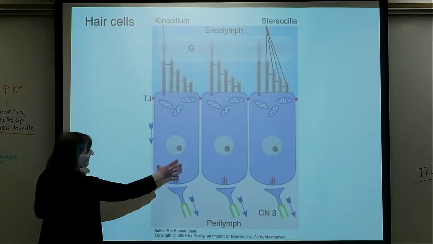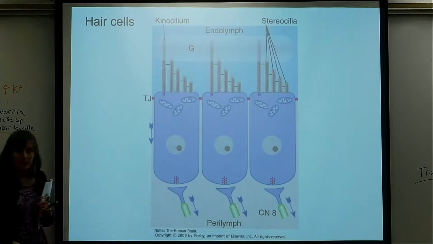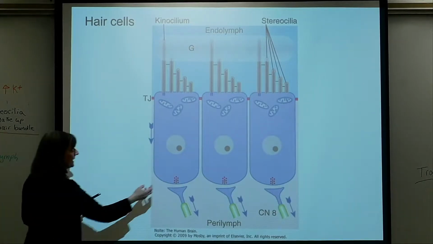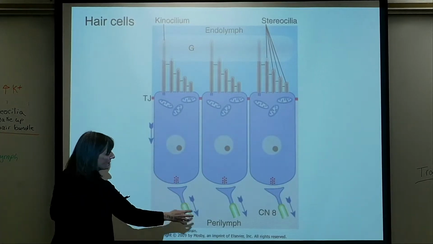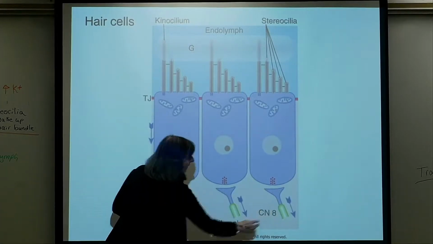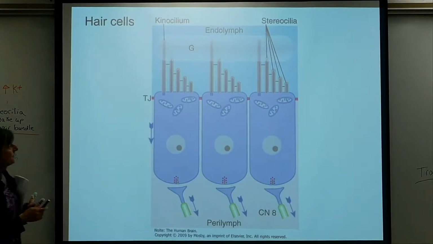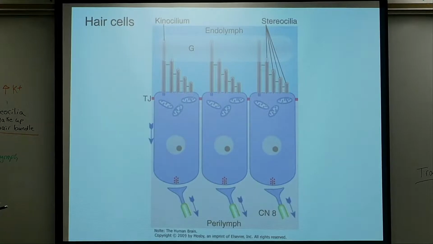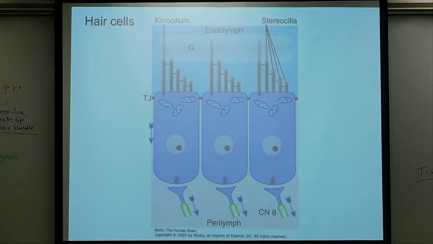And then we have these hair cells. They don't have axons, but they do release glutamate, and they release glutamate onto the vestibular part of cranial nerve 8. Now, one thing this slide does show you that I forgot to mention is that in the vestibular system, these hair bundles are embedded in this gelatinous matrix.